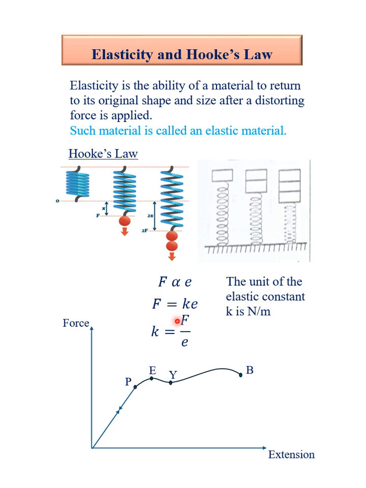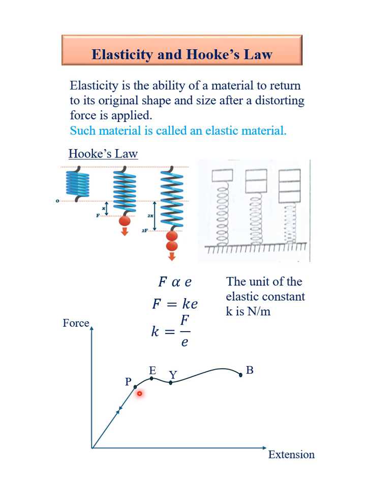And this is the graph. It is a graph of force plotted against extension. It means as you are applying force to an elastic material, how is the extension produced? Between the origin and point P in the graph is called the proportionality limit.